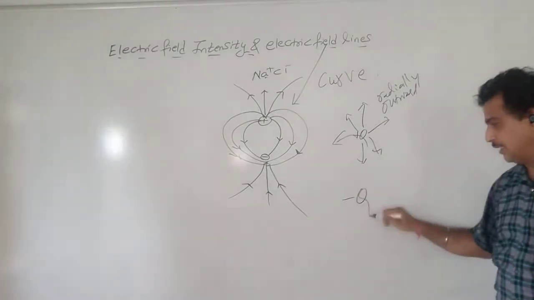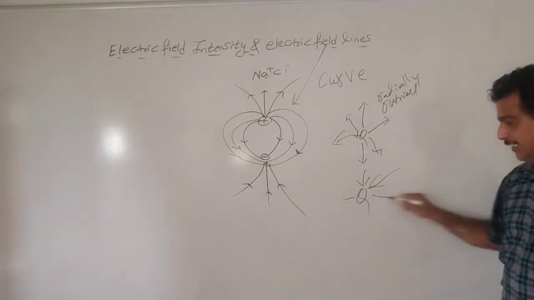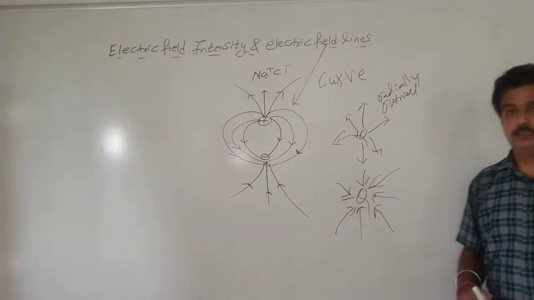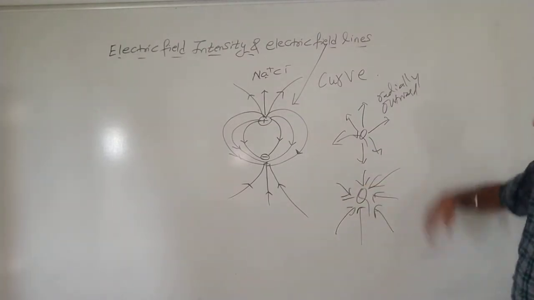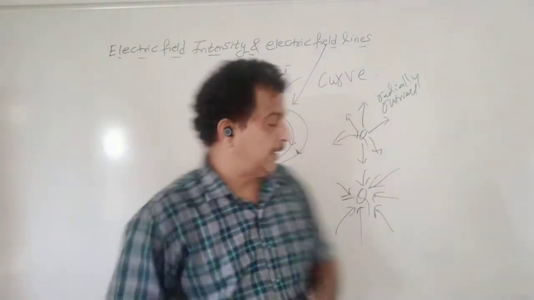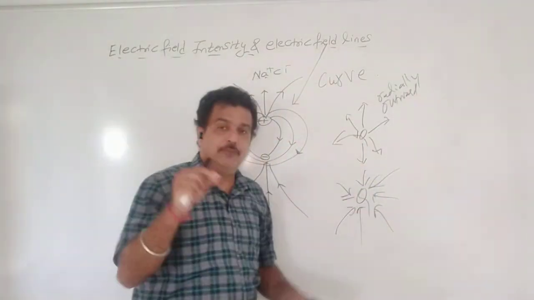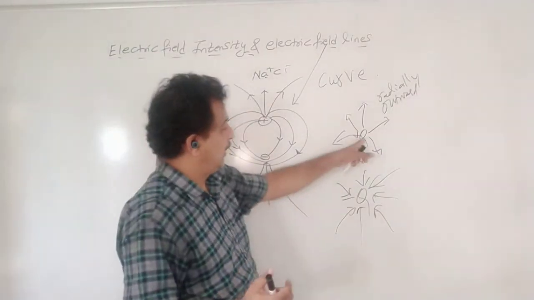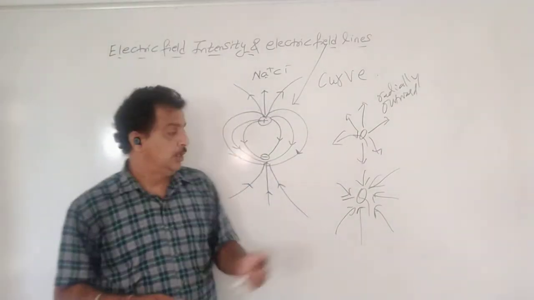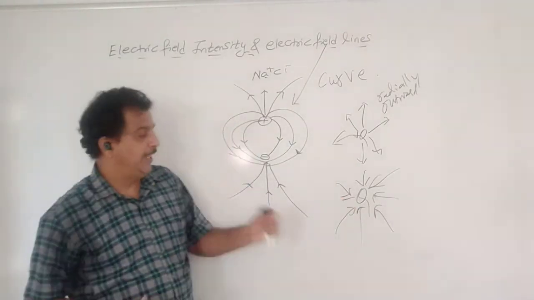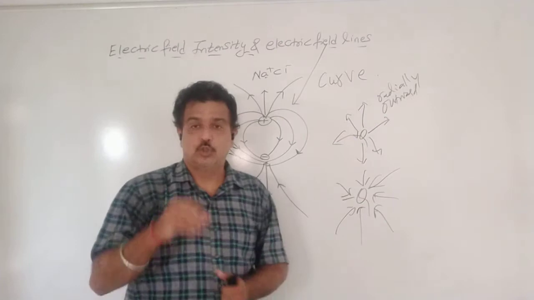And if our source is negative, the field lines are radially inward. So from now onwards, it may be possible we will not be drawing the sources. If at any point the field lines are radially outward, at that point the source should be positive. If the field lines are entering or terminating at any point, the source should be negative.